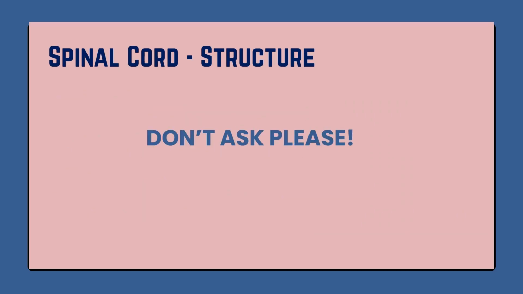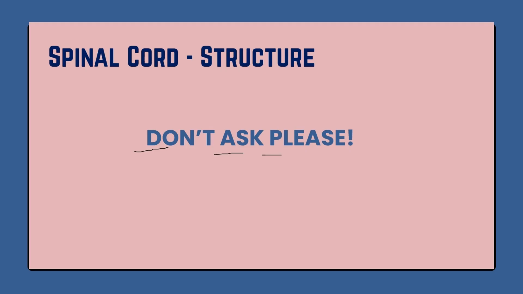Don't ask, please. What do I mean here? It's not that you're going to ask any doubt and I'm telling you not to ask. This is a way for you to remember the order of the meninges, which is very important. Questions most of the time ask you to write about the structure of the spinal cord, in which case you have to mention all these protective layers, and you have to remember the order of the meninges also.